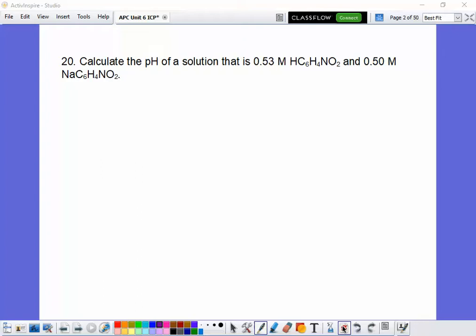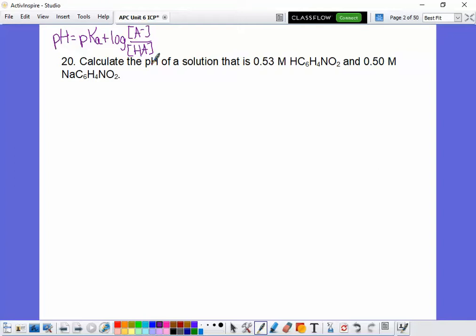Okay? So, to calculate the pH of a buffer solution, you can do a rice table, or you can use a formula that looks like this. Does anyone know what this formula is called? The Henderson-Hasselbalch equation.